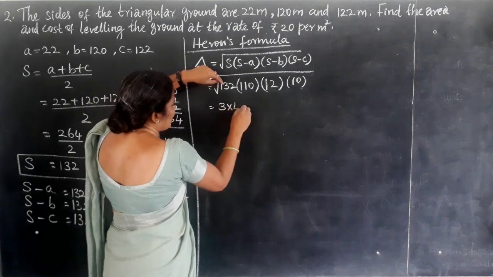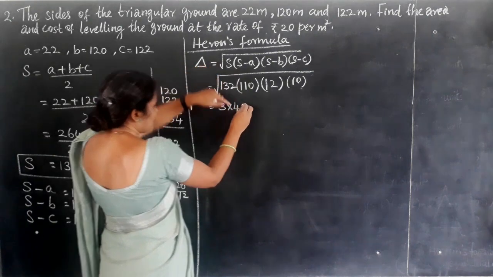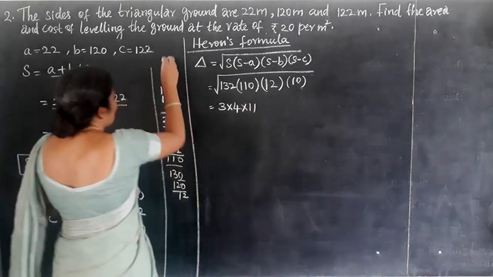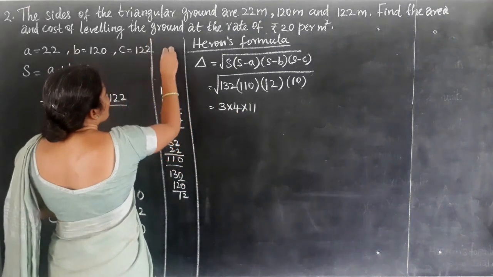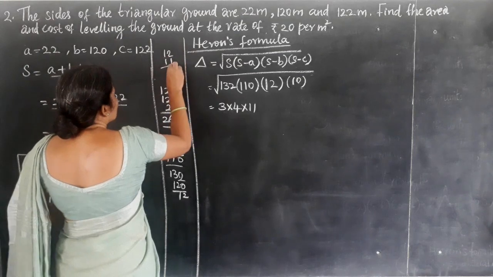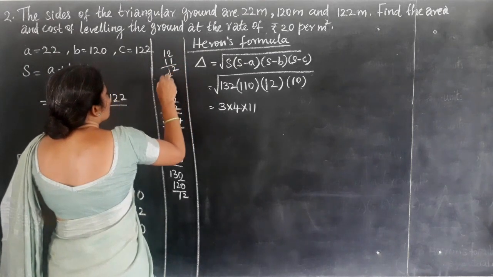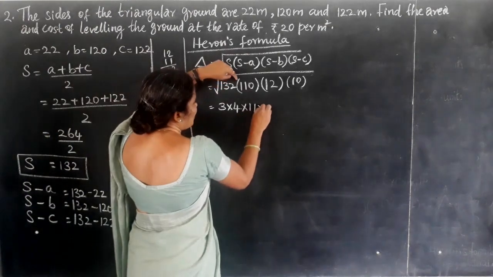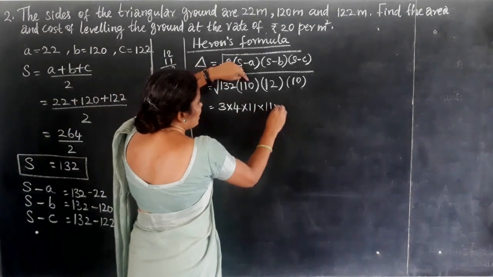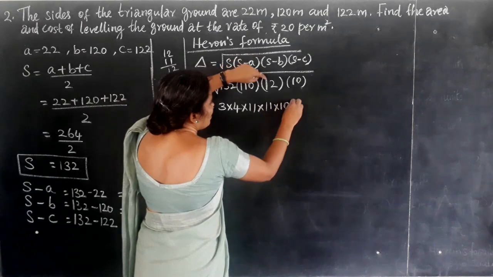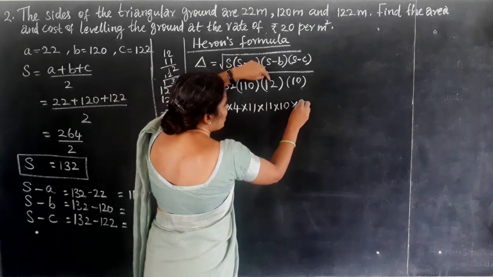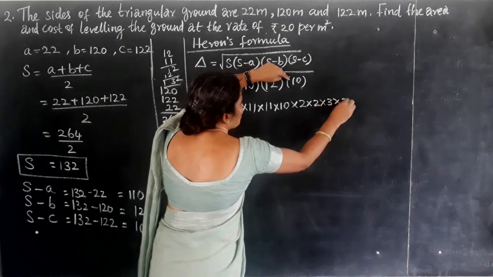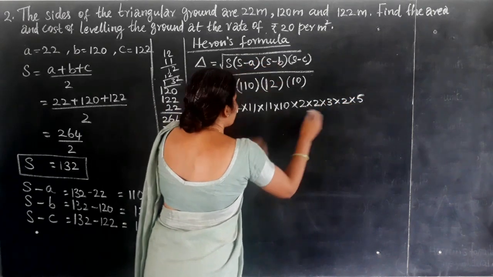3 fours are 12, into 11 into 110, so 11 into 10. 4 threes are 12, so 2 into 2 into 3, and 2 into 5, 2 5s are 10.